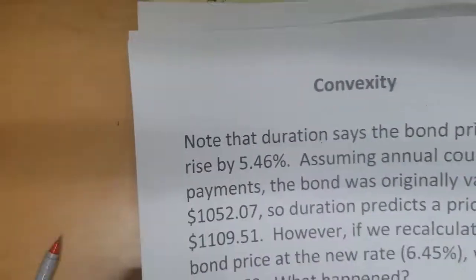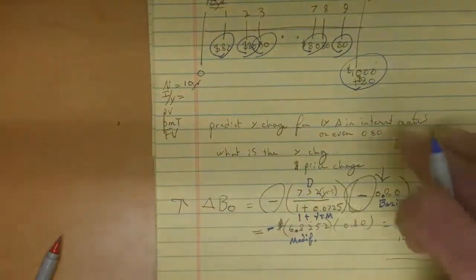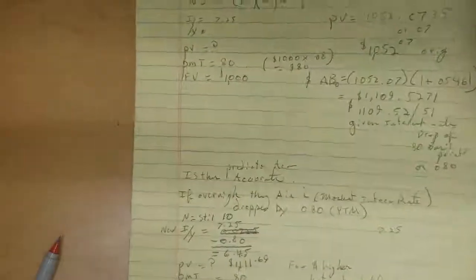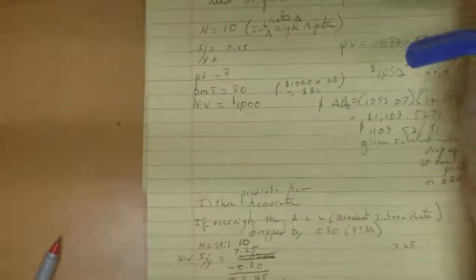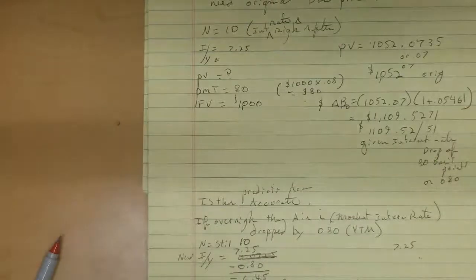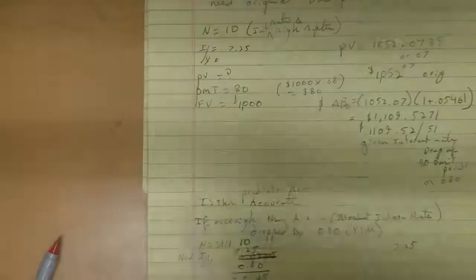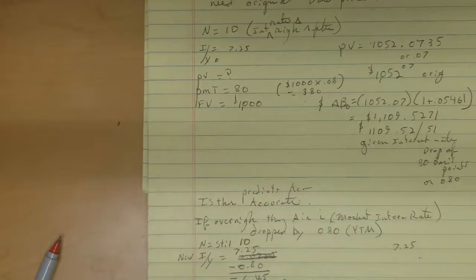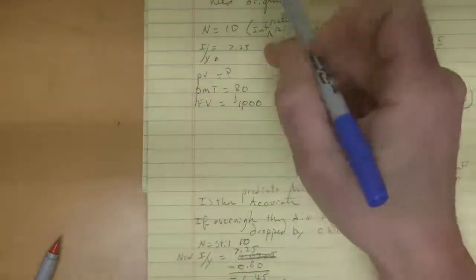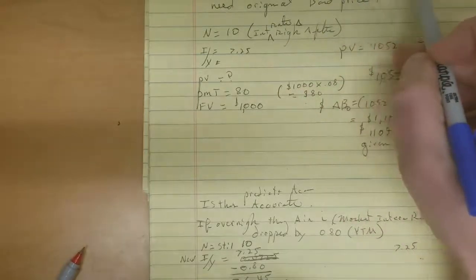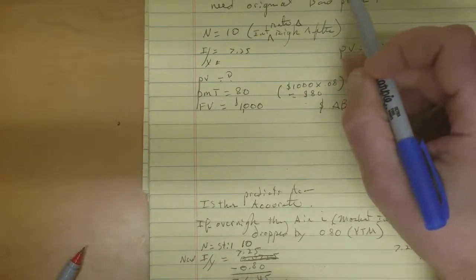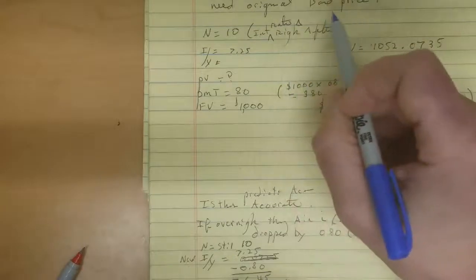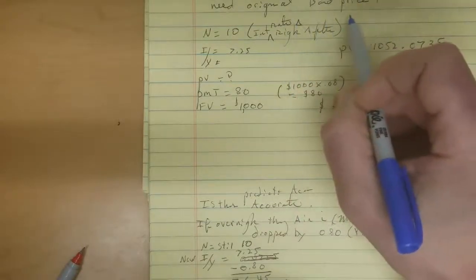Now, let's move on. Let me flip the page here real quick. We can look at this and ask how much that translates to in terms of the bond price in dollars. Given the 5.4601% change in the bond price, and that is an increase, we do need the original bond price to be able to figure it out.